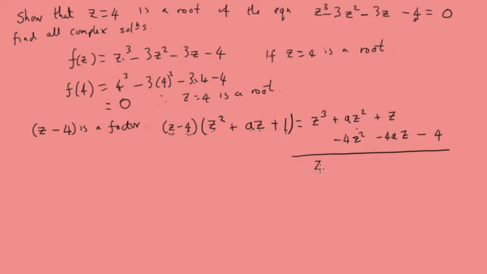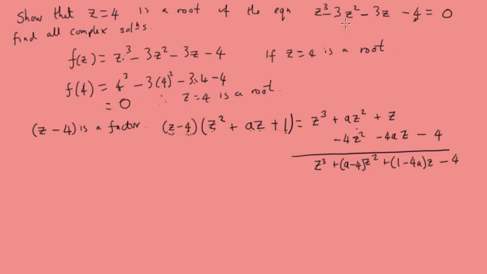So we're going to have the z cubed, then plus a minus 4z squared, then plus 1 minus 4a z, then minus 4.